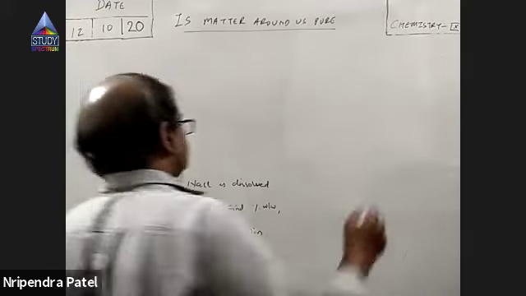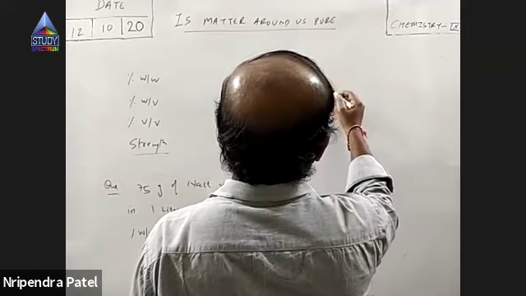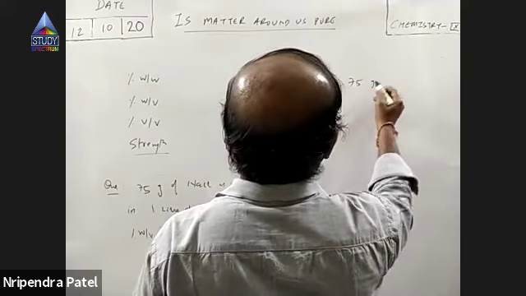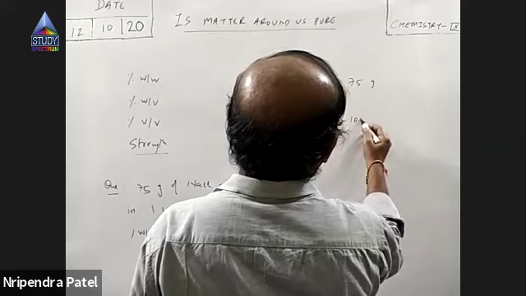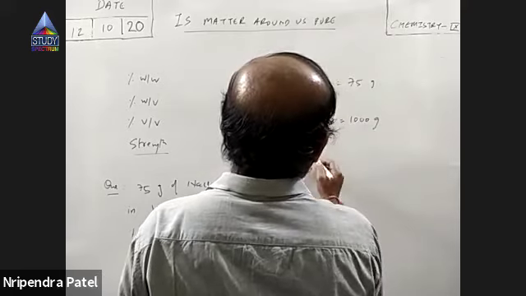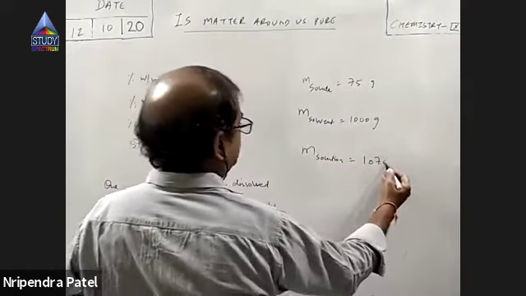1000 gram. So mass of solute, solute ka mass kitna hai? 75 gram. Mass of solvent is 1000 gram. So what is the mass of solution? 1075 grams.